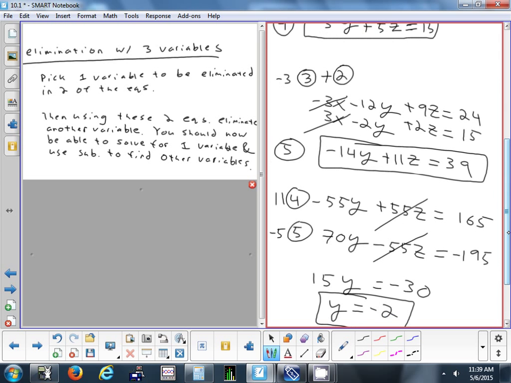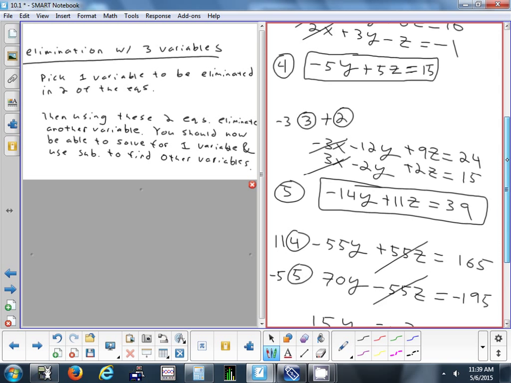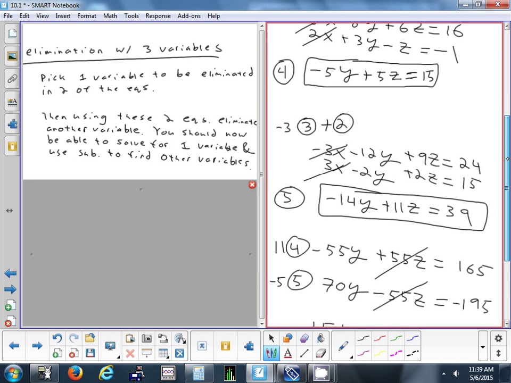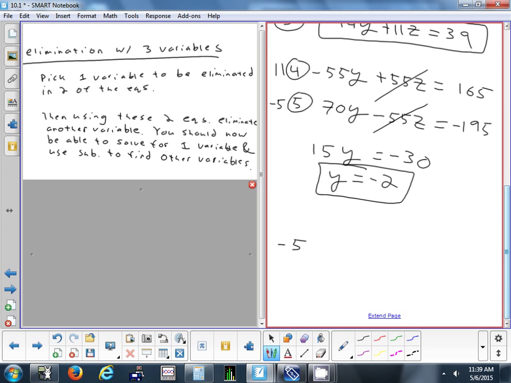Okay, next step. Now you're just going to go back and substitute. Pick either equation 4 or 5. Let's do 4. Numbers look smaller. Plug in negative 2 for y in equation 4.